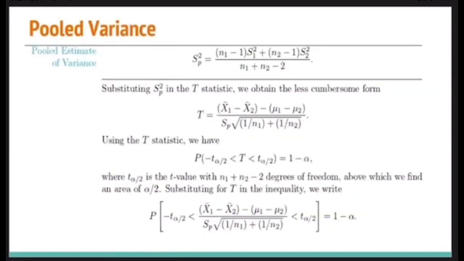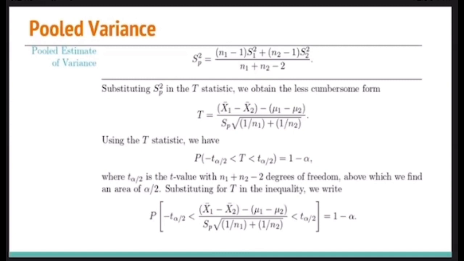Now, we want to consider a different scenario. Why do I need to pool my variance? The idea of pooling the variance comes in a situation where the population variances are not given, but they are assumed to be equal. I need to take note of that.